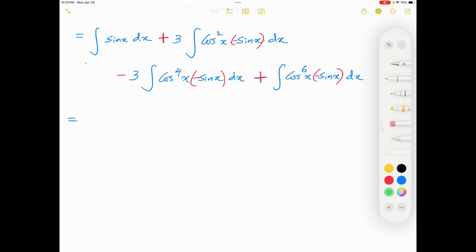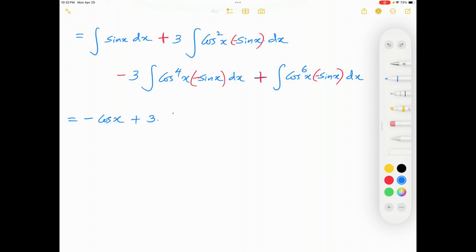Equals, the first integral is to integrate sine x. Integration of sine x is equal to negative cosine x. The next one is, I have a 3 right here, plus 3 times integral cosine squared x times negative sine x.